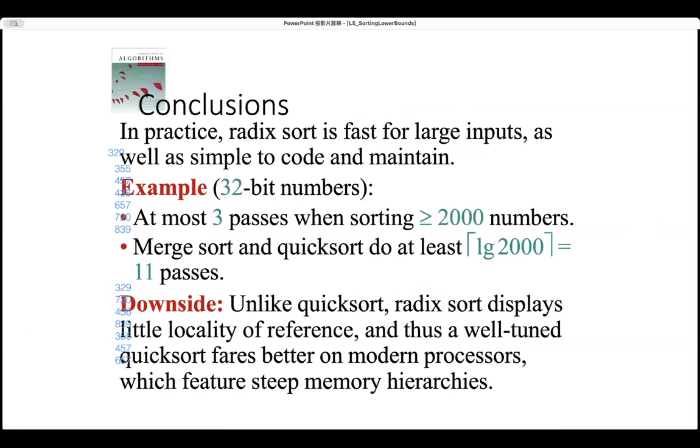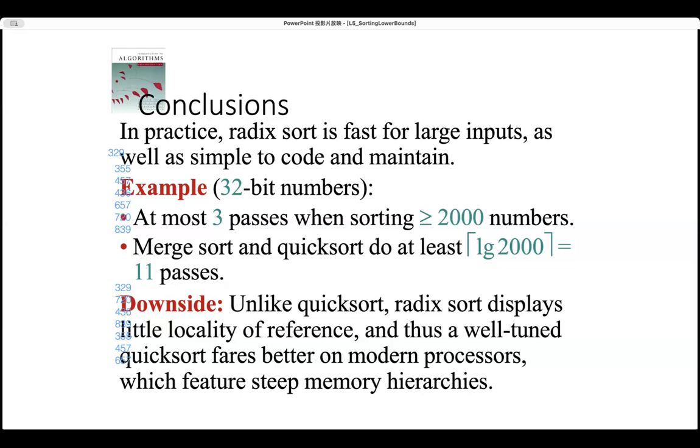So here's a conclusion. In practice, radix sort is fast for large inputs, as well as simple to code and maintain. Obviously, you need to implement counting sort first, and then call counting sort as a procedure in your radix sort.